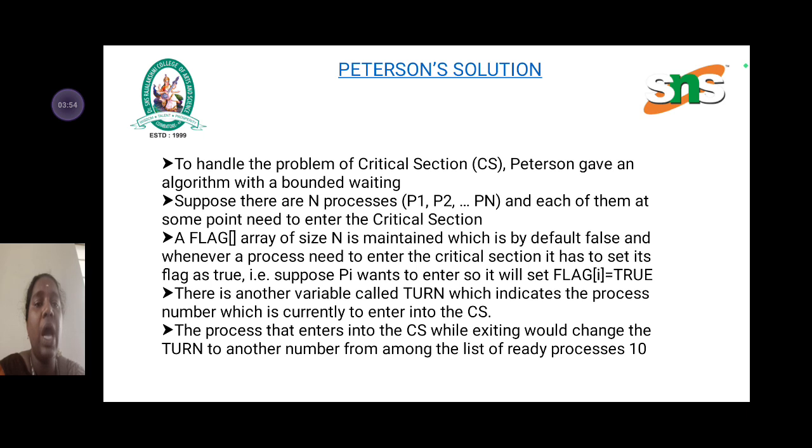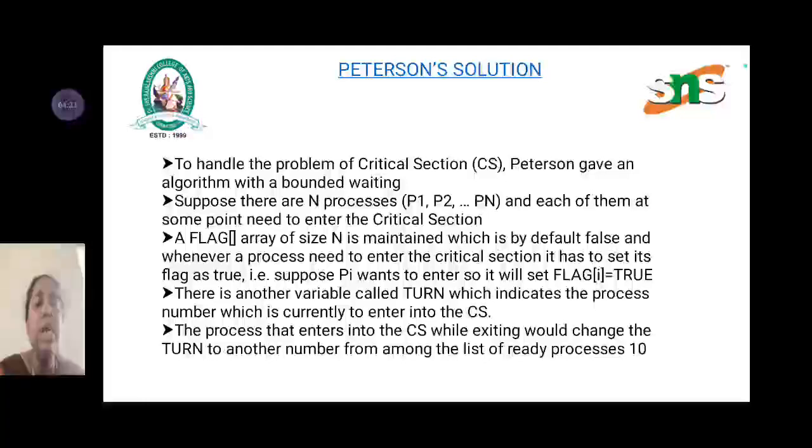Peterson solution. To handle the problem of critical section, Peterson gave an algorithm with bounded waiting. Suppose there are n processes and each of them at some point needs to enter the critical section. A flag array of size n is maintained, which is by default false, and whenever a process needs to enter the critical section, it has to set its flag.